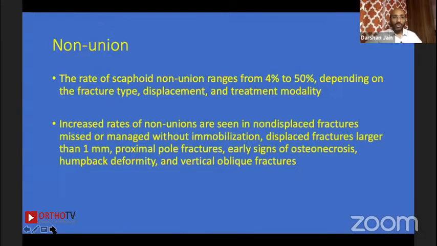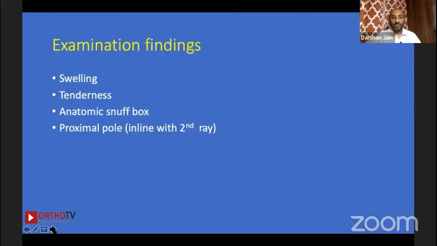The rate of scaphoid non-union ranges from 4% to 50% depending on the fracture type, displacement and treatment modality. Increased rates of non-union are seen in non-displaced fractures that are missed or managed without immobilization, displaced fractures with more than 1 millimeter displacement, proximal pole fractures, early signs of osteonecrosis, humpback deformity and vertical oblique fractures.